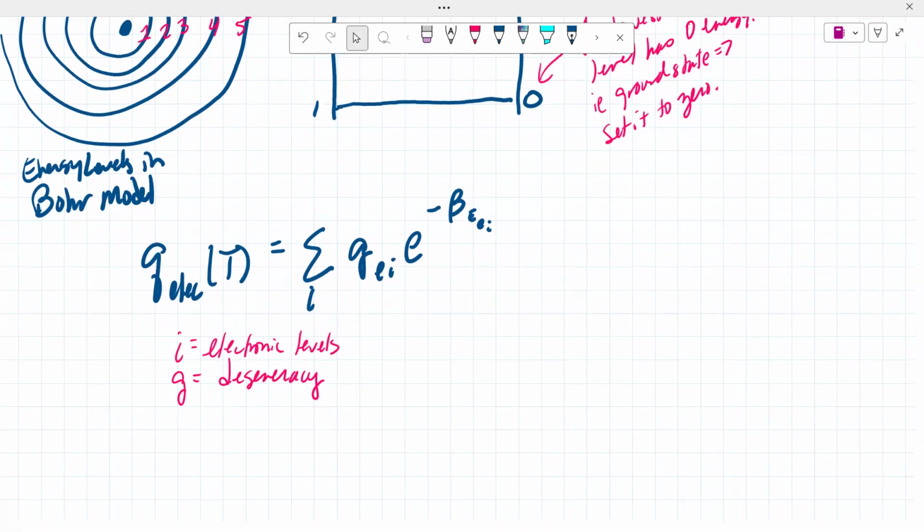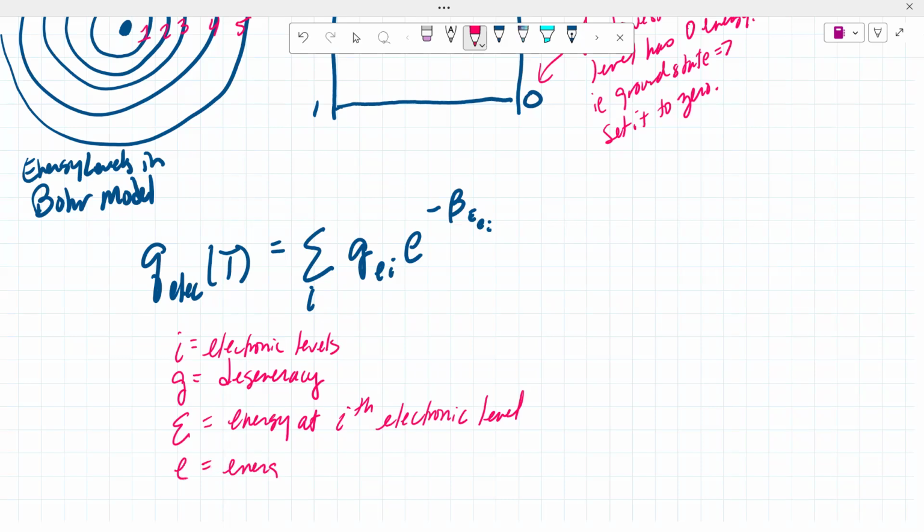It's like that. E equals energy at the ith electronic level.